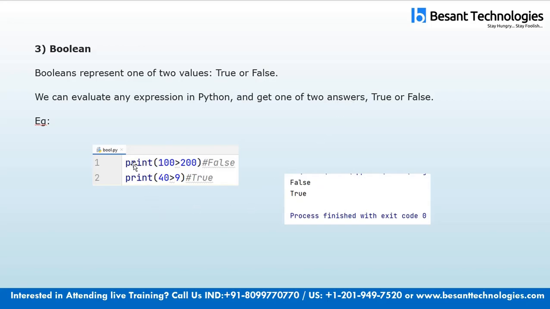So here, print statement, 100 greater than 200. It returns false, because 100 is not greater than 200. And 40 greater than 9, this expression returns true. So this is your output.